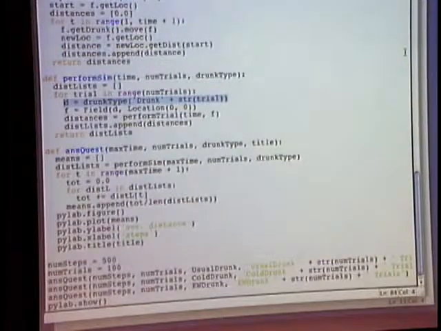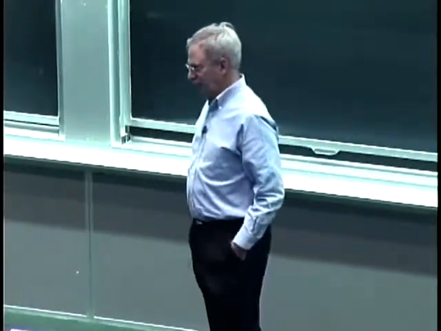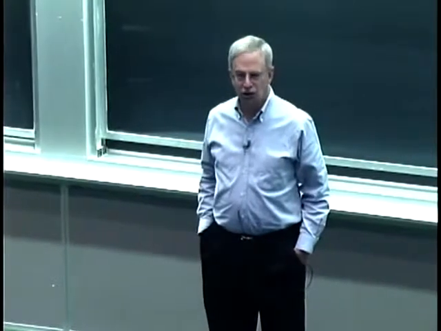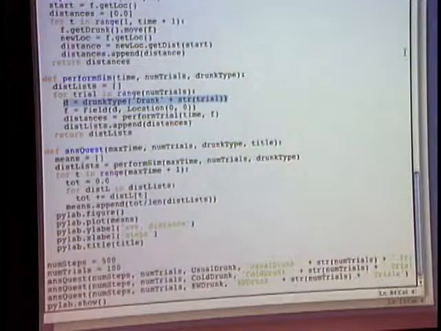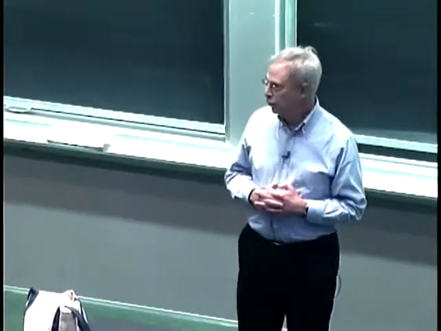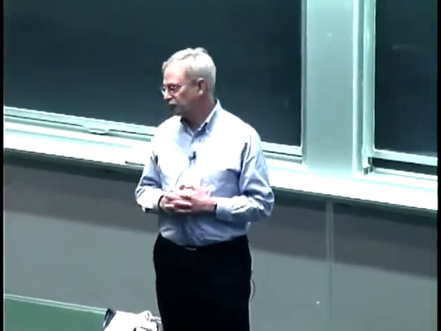Before, you may recall, we just said D equals drunk with the arguments. Here, I say D equals drunk type. So what is drunk type? Drunk type is itself a type. We can use types, variables can have as their values types.